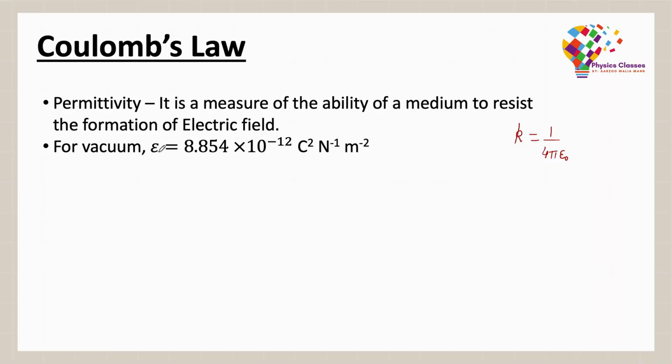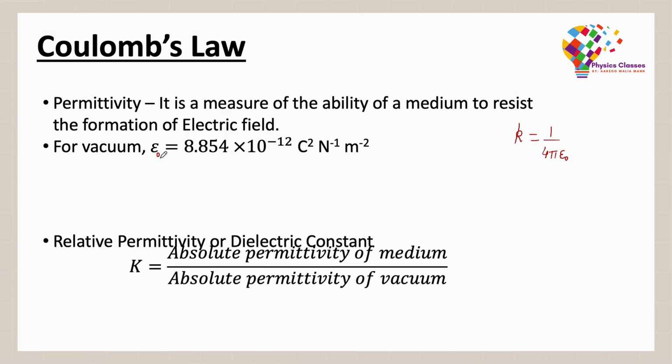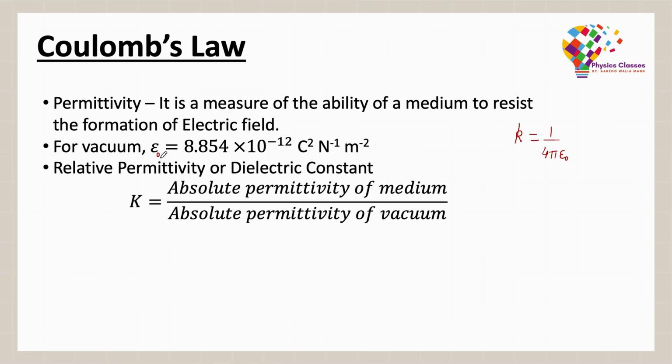Further, for vacuum, the value of epsilon naught, which is the absolute permittivity, is 8.85 into 10 to the power minus 12 Coulomb square Newton inverse meter square. Also, we define something known as relative permittivity, or the dielectric constant, that is represented by a capital K. It is the ratio of the absolute permittivity of a medium to the absolute permittivity of vacuum.